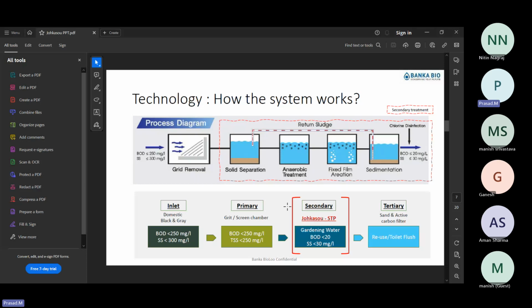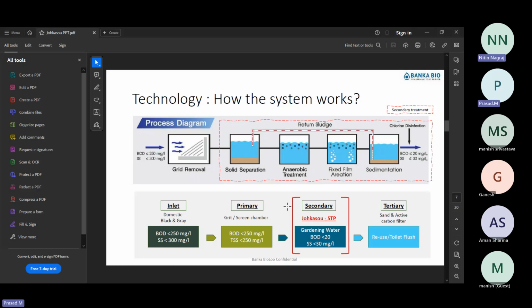So try to convince the customer to go underground when giving the Johkasou system, because they will get that benefit. They need not construct the collection tank and need no pump.